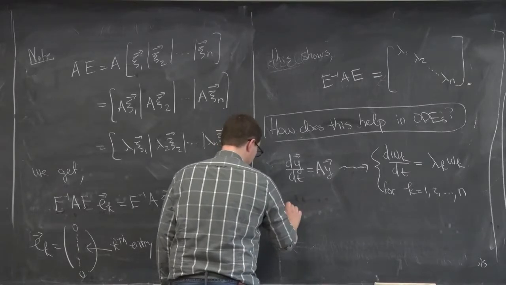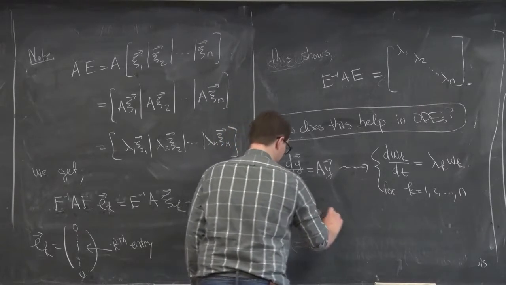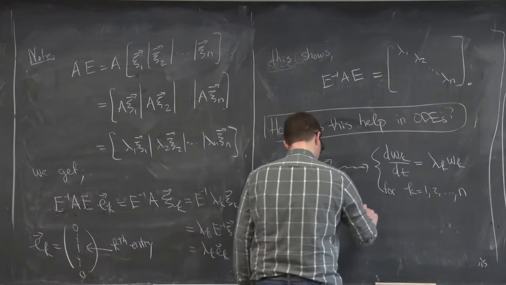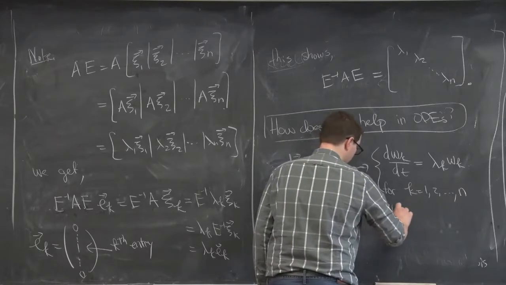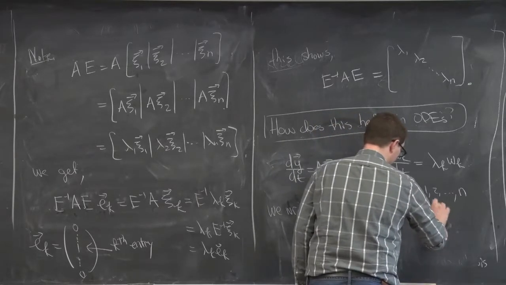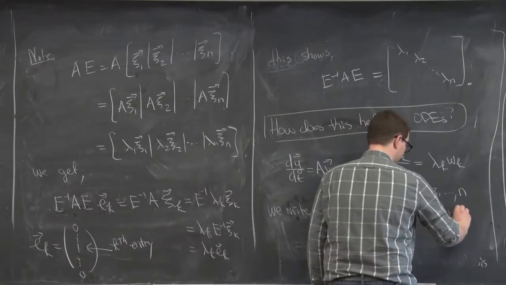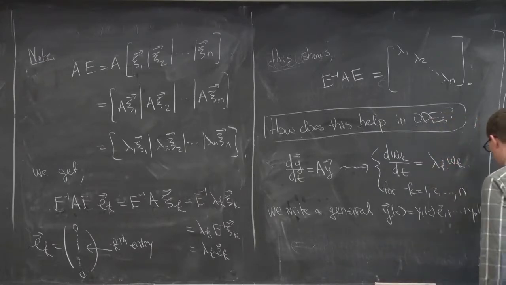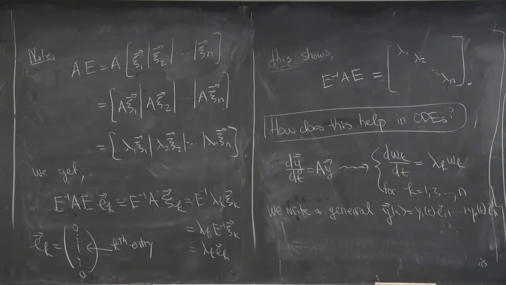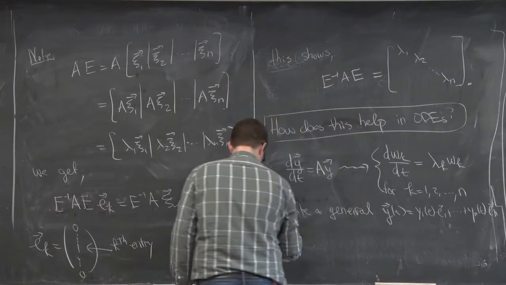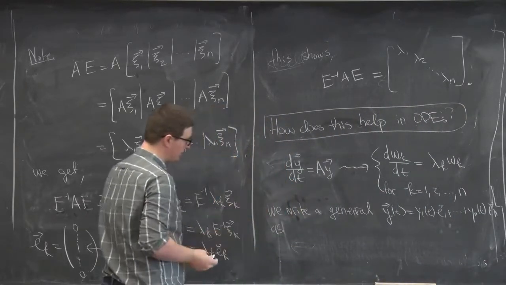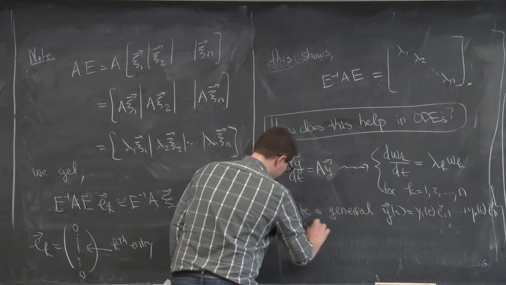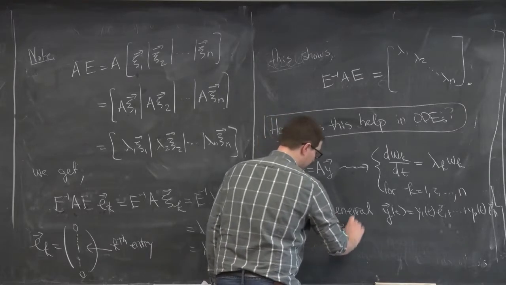We write a general y of t. This is usually y1 of t e1 plus up to yn of t en. What we'll do is write this in terms of the basis of eigenvectors.